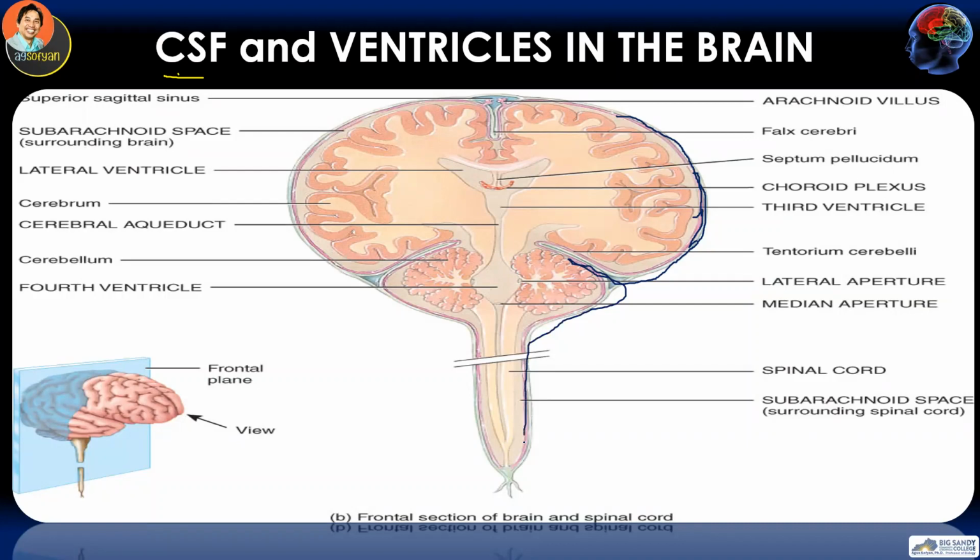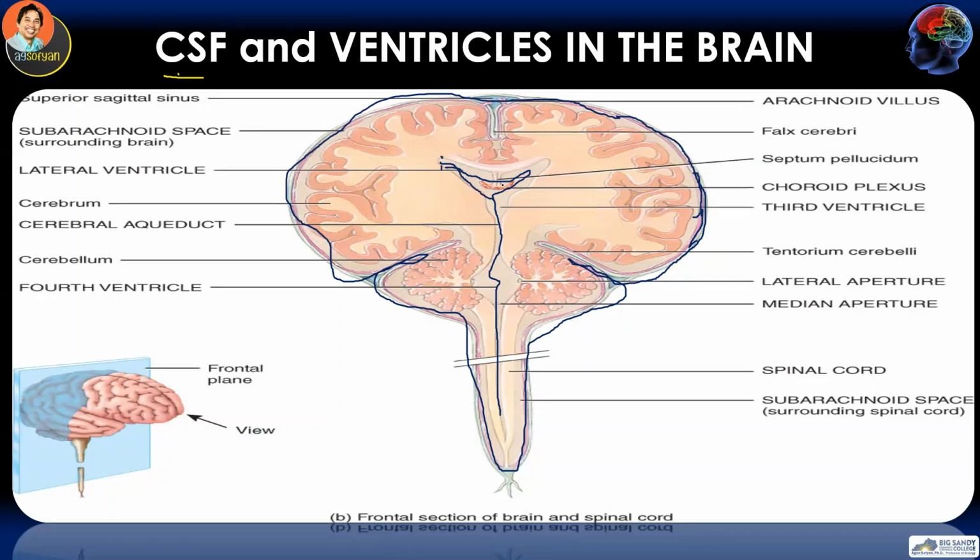It is all filled with the CSF. Not only that, CSF also fills the inside part of the brain. So the brain and the spinal cord are actually floating between 2 fluids: CSF outside the brain and CSF inside the brain.